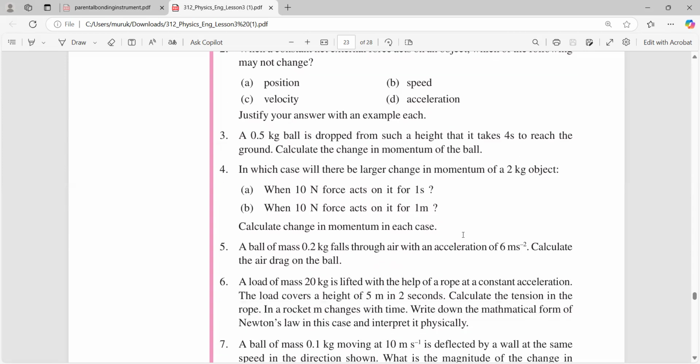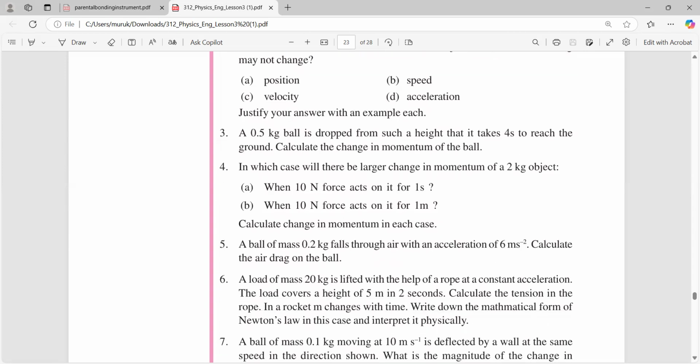Next question is, a 0.5 kg ball is dropped from such a height that it takes 4 seconds to reach the ground. Calculate the change in momentum. Okay, so let us do it.